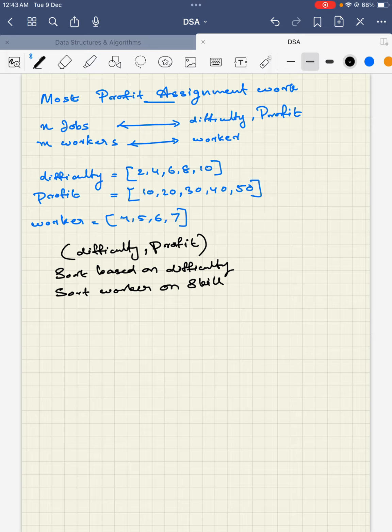After that we can identify, for each and every worker, what are the possible jobs that person can commit to based on the difficulty, and out of that what could be the maximum profit they are going to gather. And then based on each and every worker we can keep on adding the profit, and at the end we can return the total profit. It will be much more clear if we start to write the code.